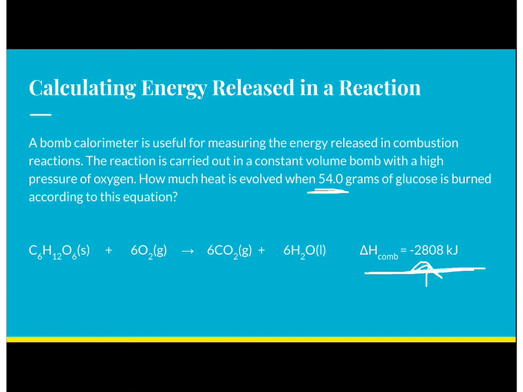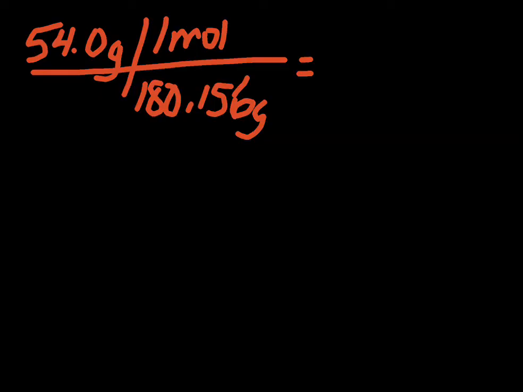So we know we should be looking at a change in enthalpy that's far less than 2808 when we do our math. What we need to do is figure out how many actual moles this is, so we're going to change grams to moles, and then using moles, we're going to do a little conversion to figure out how much heat is actually evolved. Again, our first step is to change 54 grams of glucose to moles of glucose. I found the molar mass of glucose and used my conversion factors.